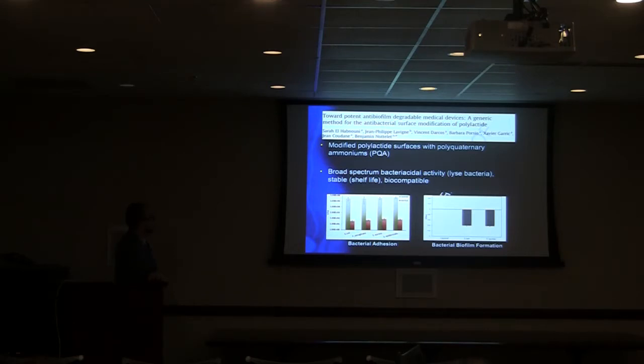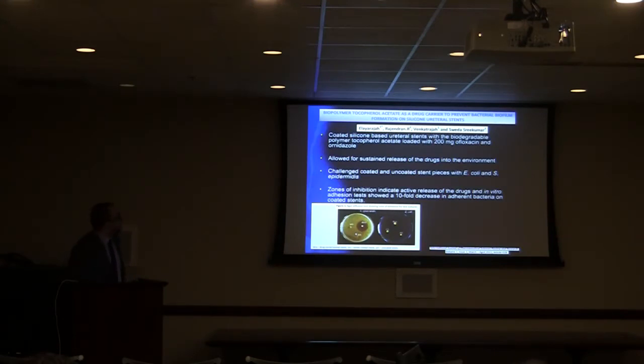It has broad spectrum bactericidal activity, and the idea was for it to come out as the surface degrades. Sure enough, you can see that the bacterial numbers are significantly decreased, as is bacterial biofilm formation. Again, very promising. At this stage, it's only in the in vitro stages, so it'll be interesting to see what happens thereafter.